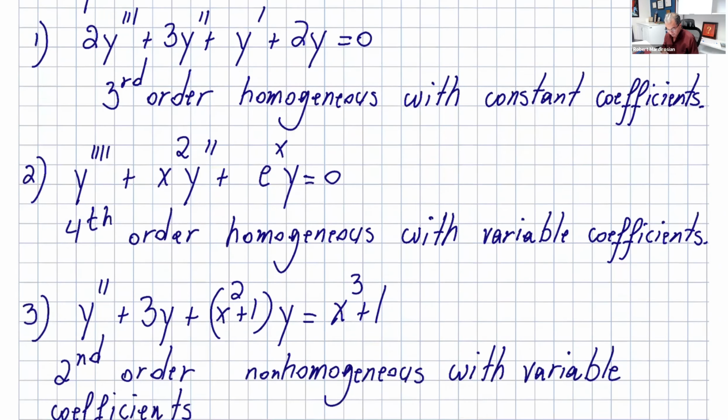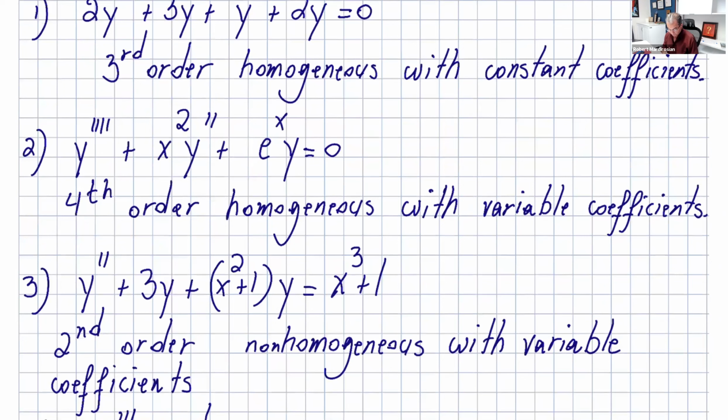Now if we take a look at the second one, this is a fourth order homogeneous with variable coefficients. Variable means the coefficients are functions, and it's fourth order because we can clearly see that.